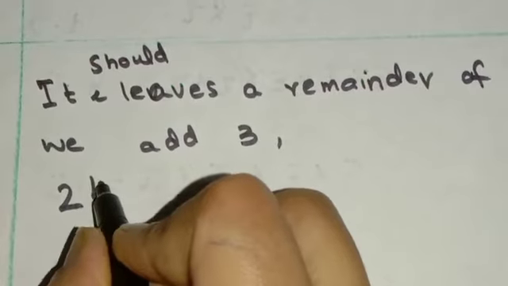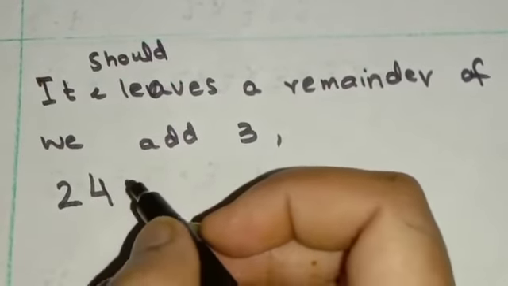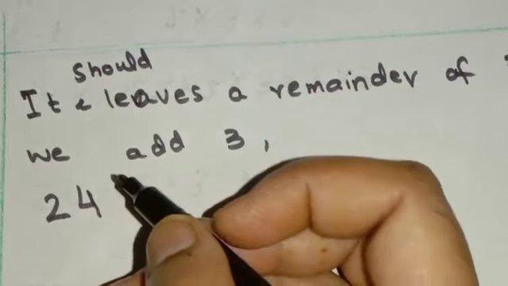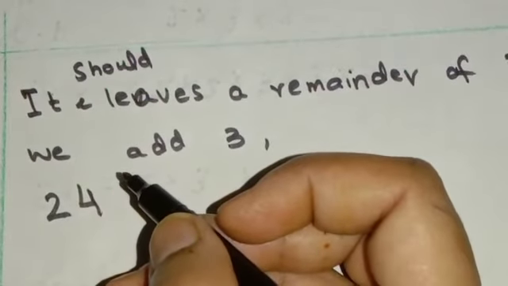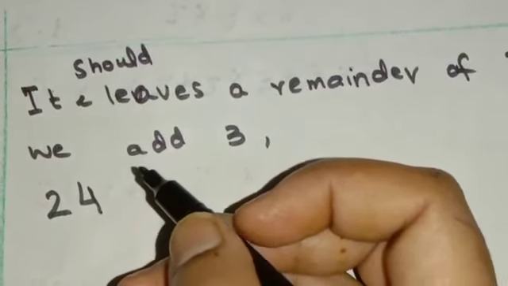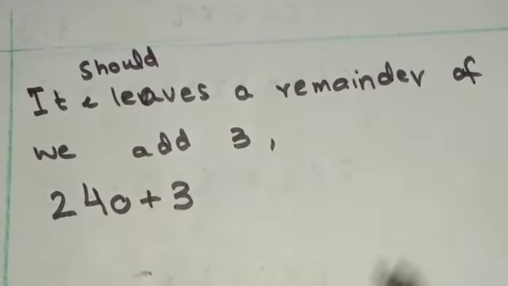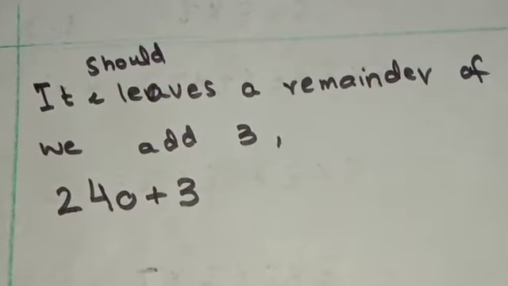Our LCM was 120, then we multiplied by a natural number 2 to fit it in a given range. Our range was 200 to 500. Then it should leave a remainder of 3, that's why we will add 3.